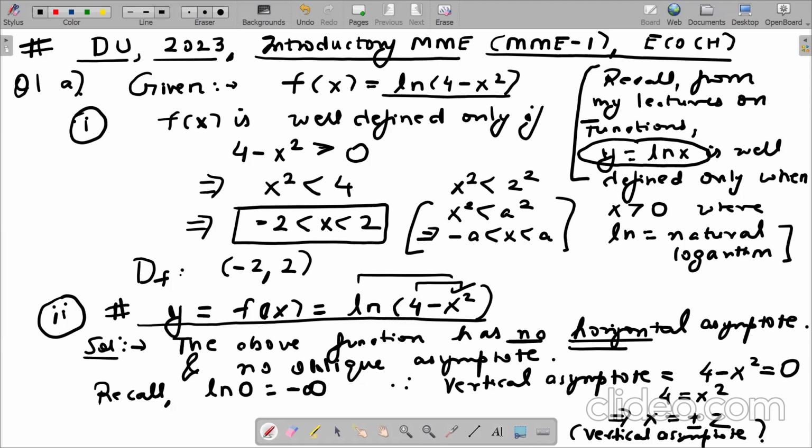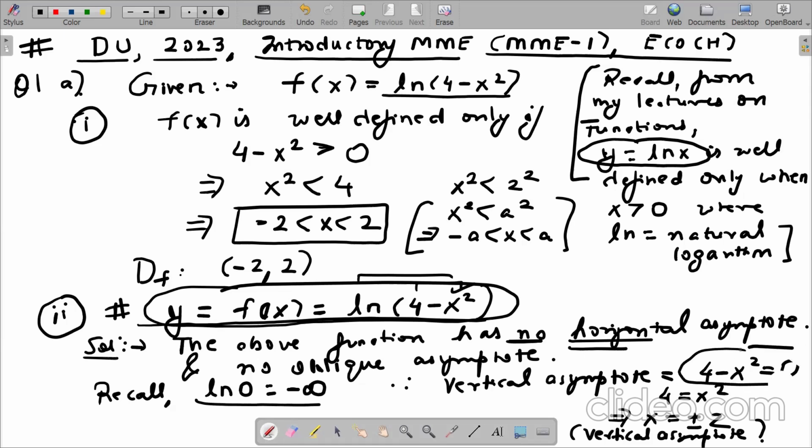So how do we find the vertical asymptote? We want the function to be not defined. So at that particular line, this function y equal to ln 4 minus x square is not defined when 4 minus x square is equal to 0, because ln 0 is minus infinity. So 4 minus x square equal to 0.